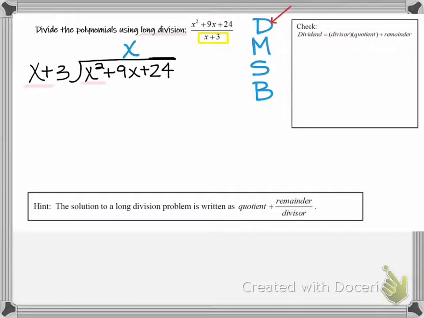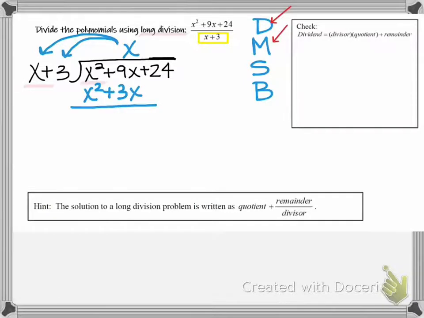Another way to do this is to ask yourself, what do you multiply x by in order to get x squared? The answer is x, but it's really division, x squared divided by x. Next is M for multiply. Now I take that x and multiply it by the binomial x plus 3, my divisor. So x times x gives me x squared, and x times 3 gives me plus 3x.